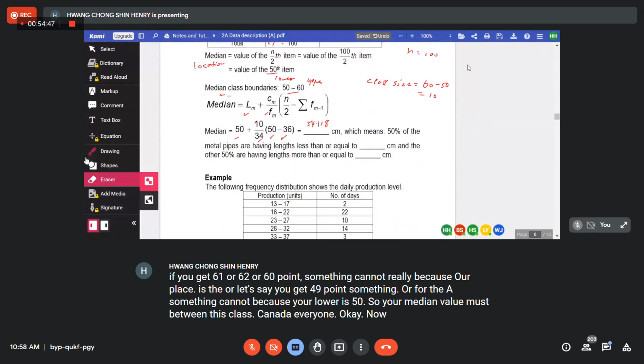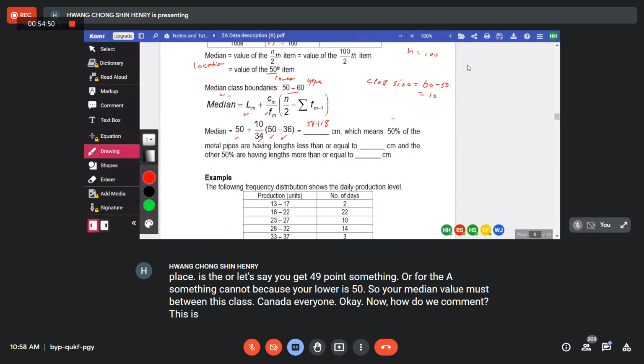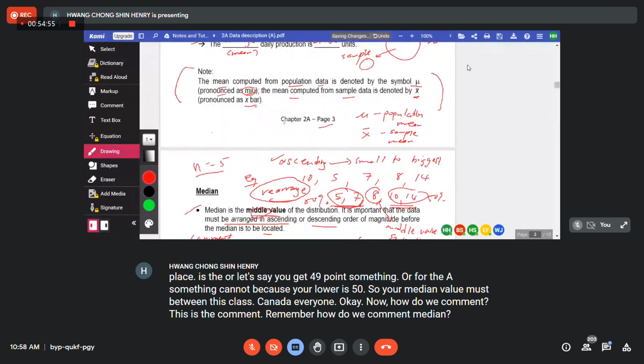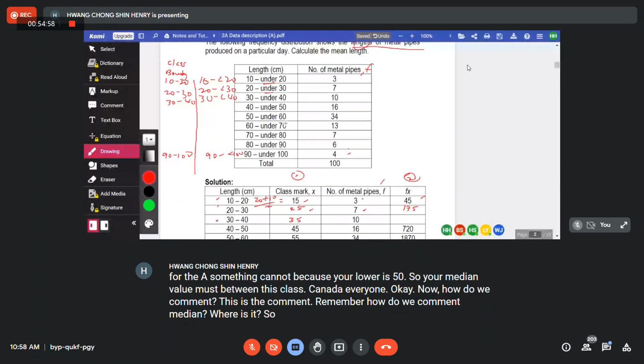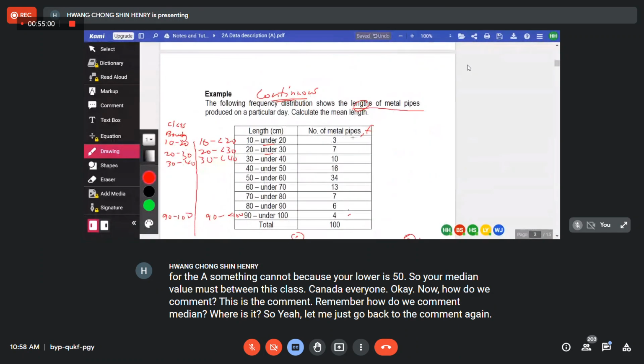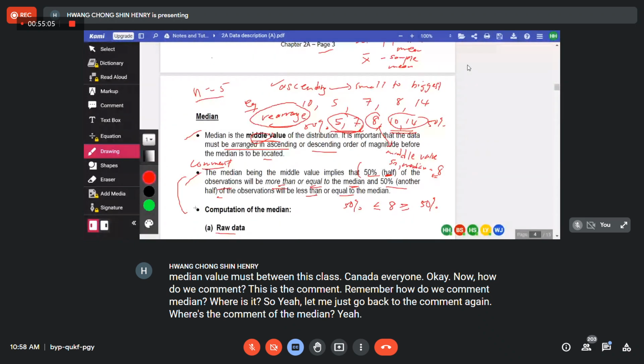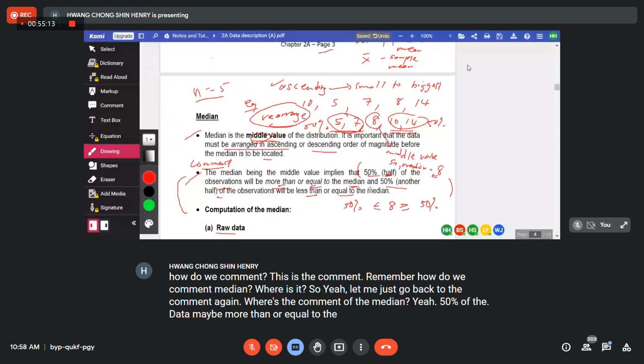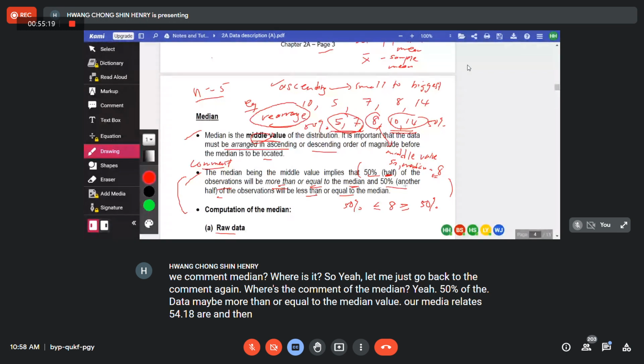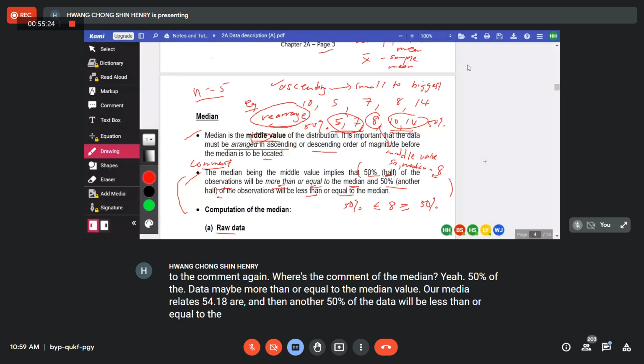Okay, now how do we comment? Remember, how do we comment on the median? Let me go back to the comment again. 50% of the data will be more than or equal to the median value. Our median value is 54.118. And another 50% of the data will be less than or equal to 54.118.